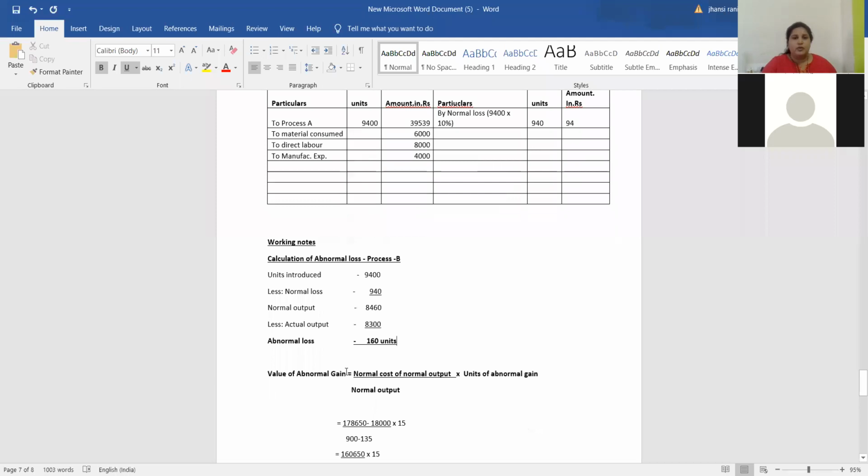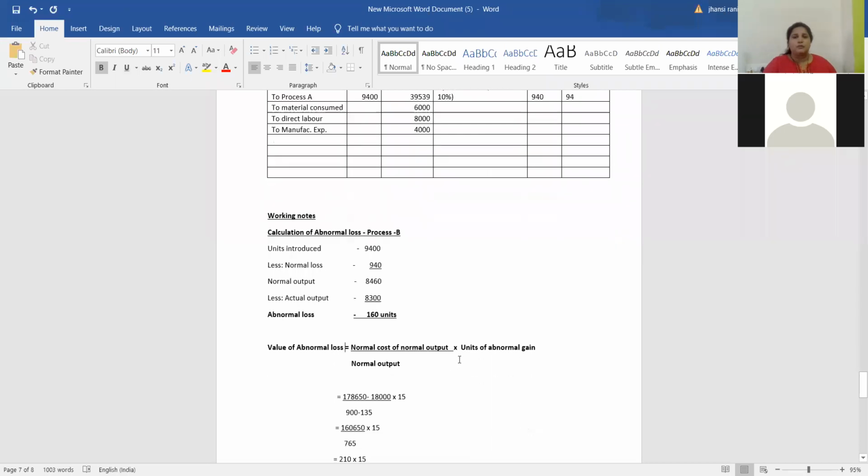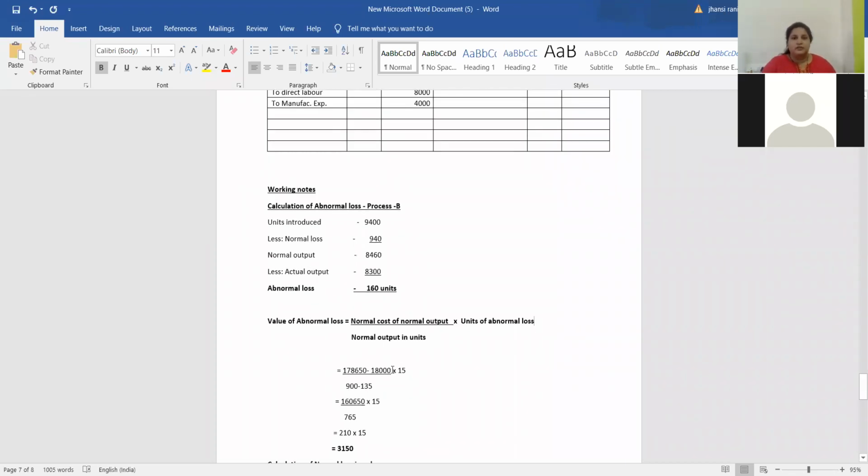So the value of abnormal loss formula is equal to normal cost of normal output divided by normal output in units, into units of abnormal loss. Here let us write the amounts.